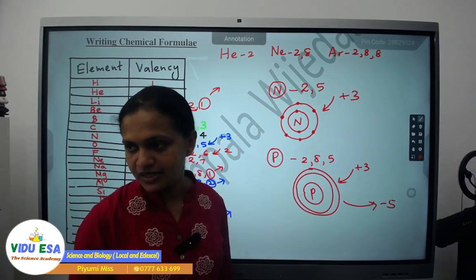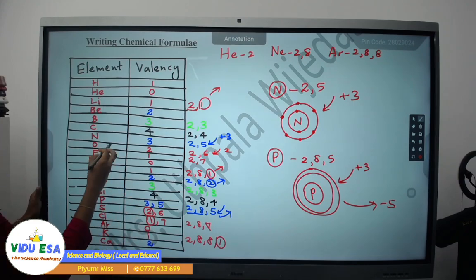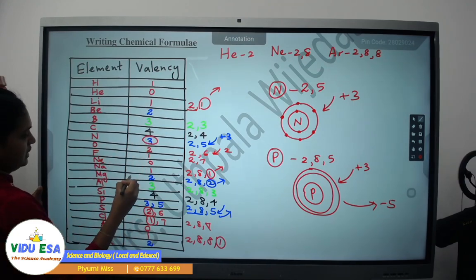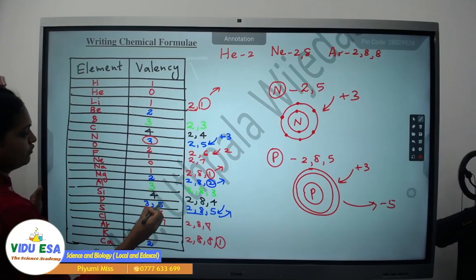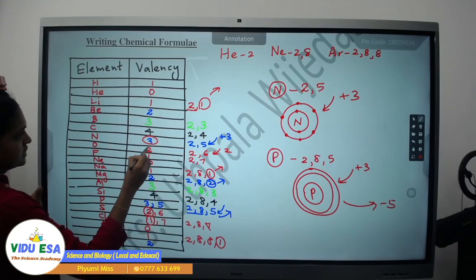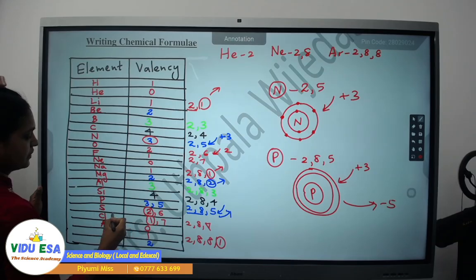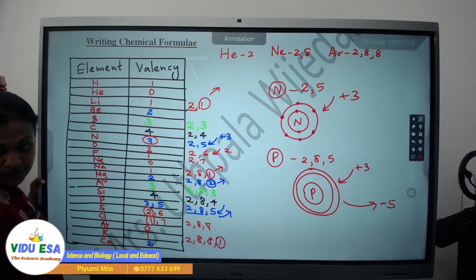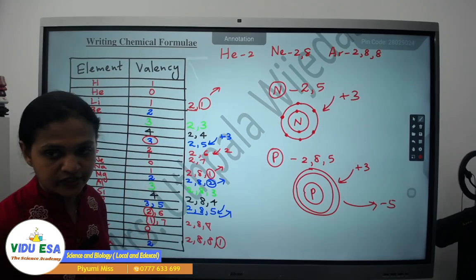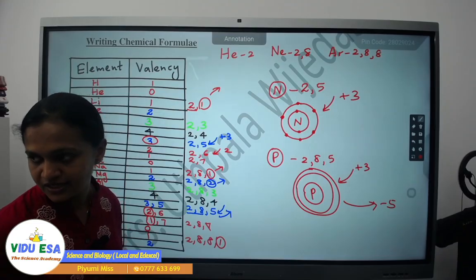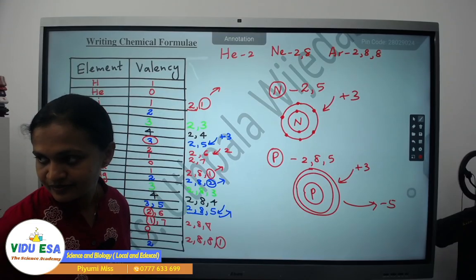That depends. Now look, nitrogen 3, phosphorus 3 and 5 both. Oxygen 2, then sulfur 2 and 6 both. And that is because of the difference in the number of energy levels. Did you get that?